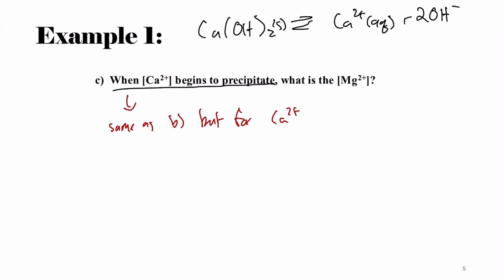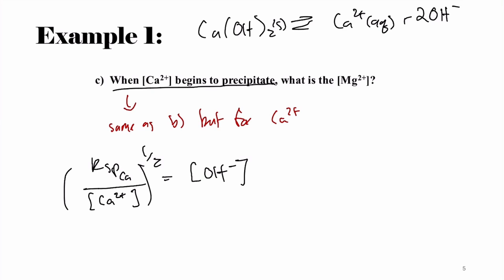Right, so we can do the exact same thing. We're going to have the KSP for calcium 2 plus divided by the calcium concentration, to the 1/2 is equal to OH minus, right? Because the stoichiometry is going to be the same for this, it's going to give us the exact same relationship. We're just going to have to plug in different values for that.